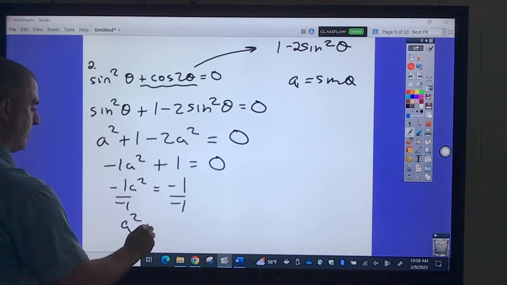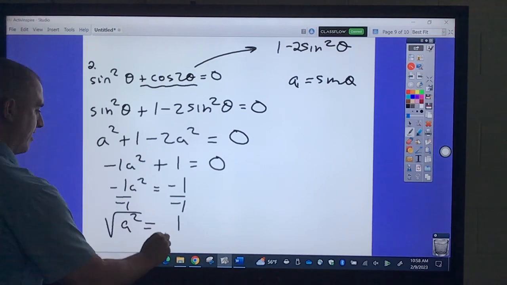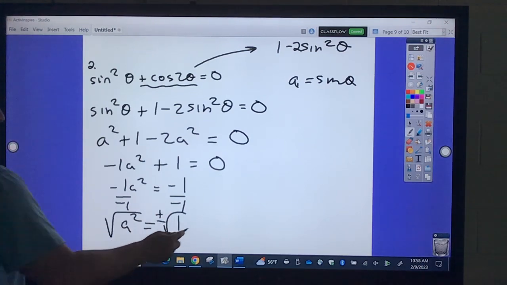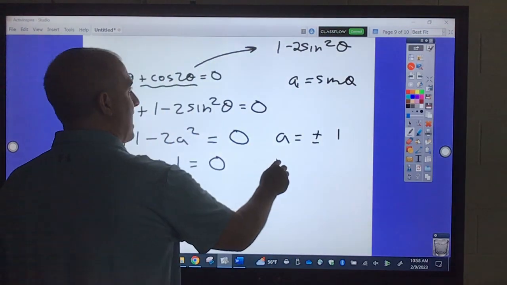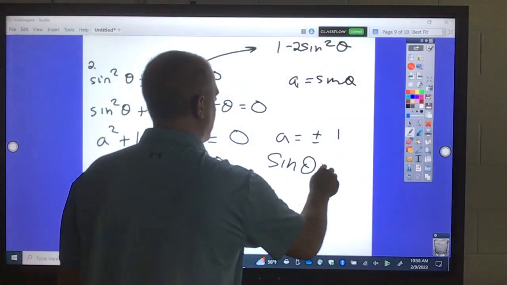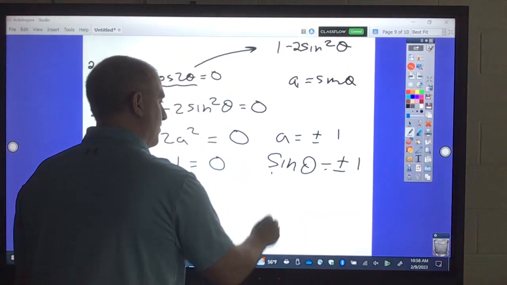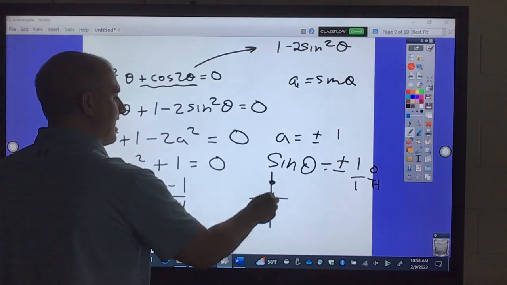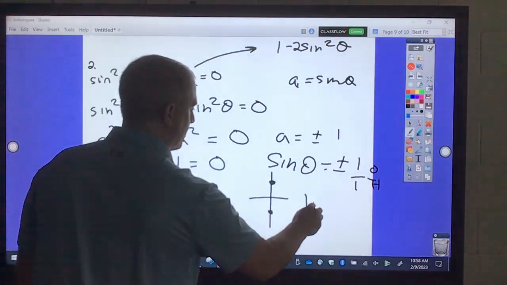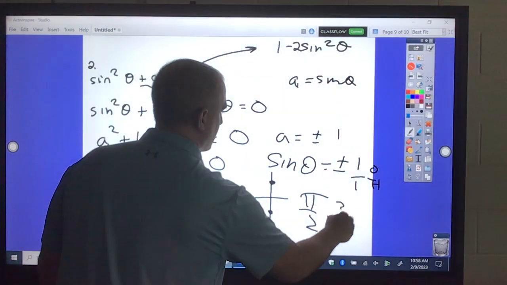I get a squared equaling 1. Square root of that, plus and minus, square root of 1 is 1. So a equals plus and minus 1. Bring back sine. Sine of theta equaling plus and minus 1. Well, that's an o over h. Is there ever that scenario? No, but on the axis points, there would be. So that'd be pi over 2 and 3 pi over 2.